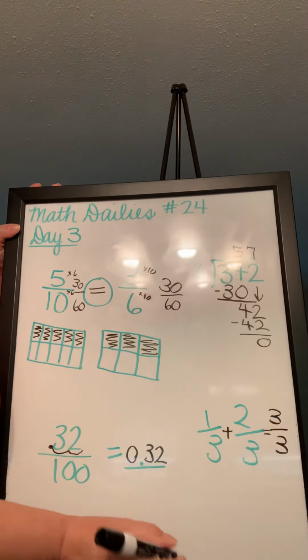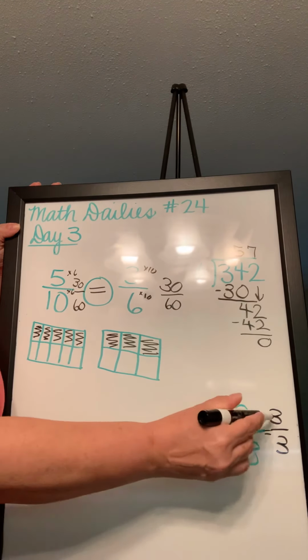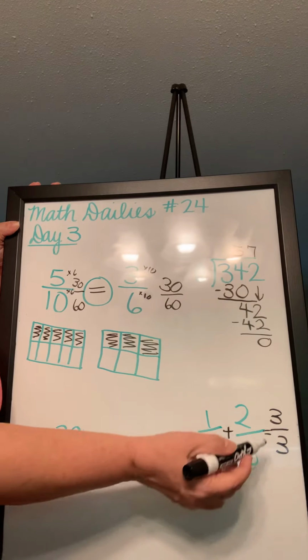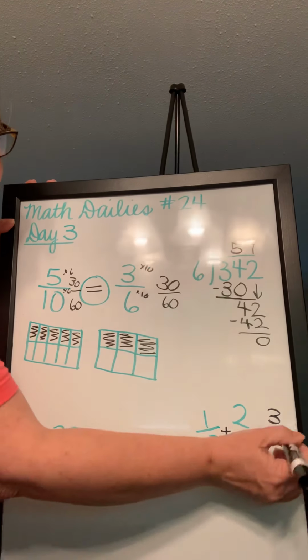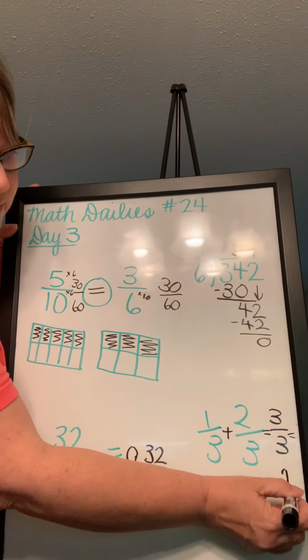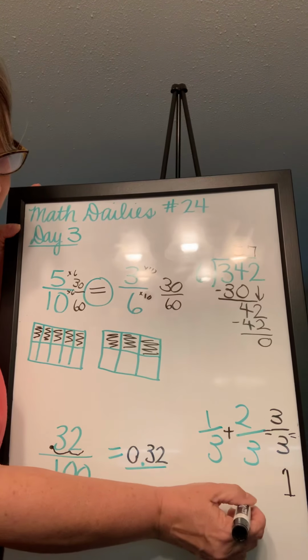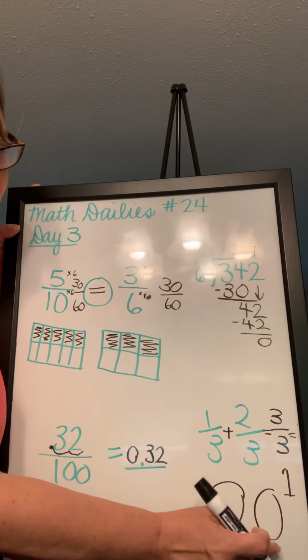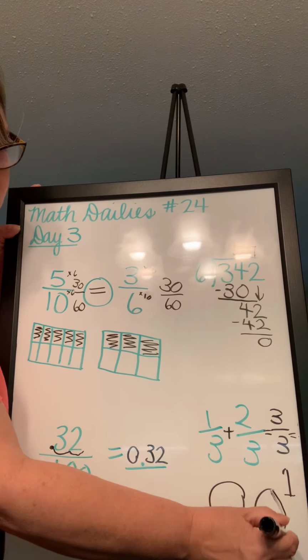1 plus 2 is 3, and then we keep our denominator 3. And then we see that 3/3 is the same as one whole pizza. So let's draw our two pieces.